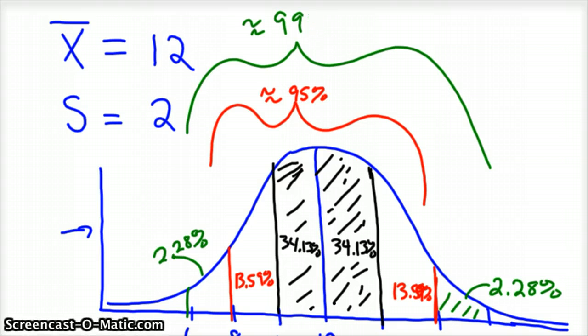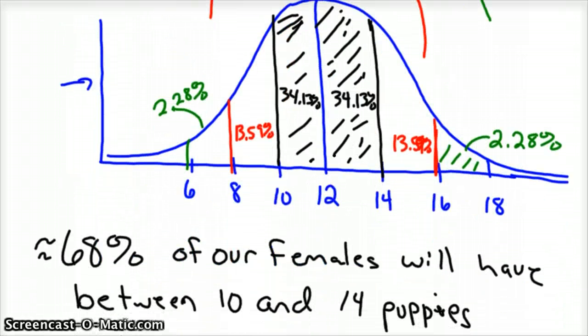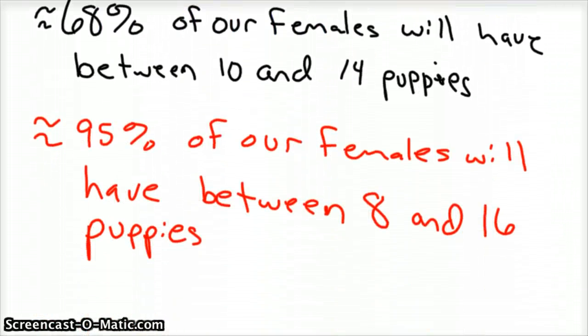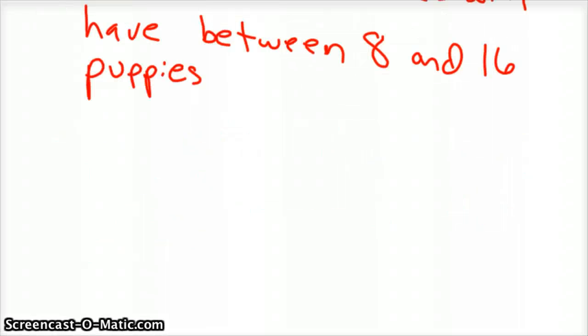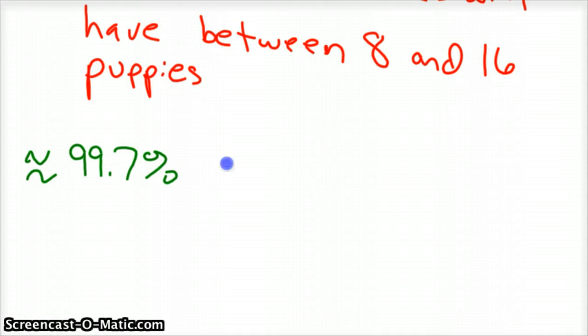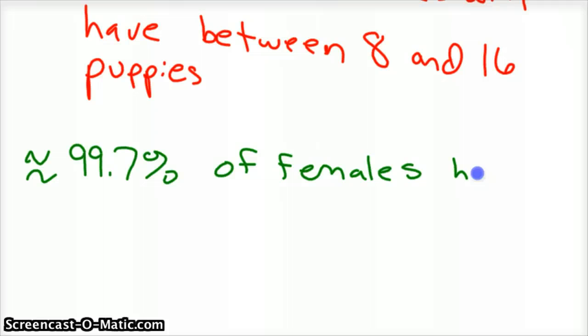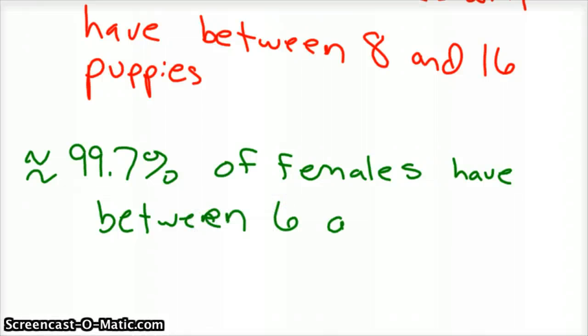I've always just remembered it as 99%, but it's actually even higher than that. It's 99.7% approximately for 3 standard deviations. And so that's 6 and 18. So we know that 99.7% of our female dogs in our study have between 6 and 18 puppies in this particular study.